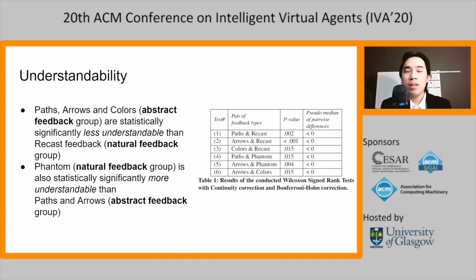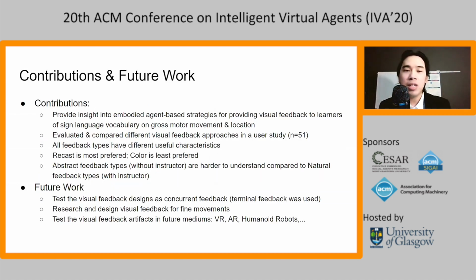So to conclude the talk, we list some contributions of our work. Our research provides insight into embodied agent-based strategies for providing visual feedback to learners of sign language vocabulary on gross motor movement and location. We evaluated and compared different visual feedback approaches in a user study with 51 participants.